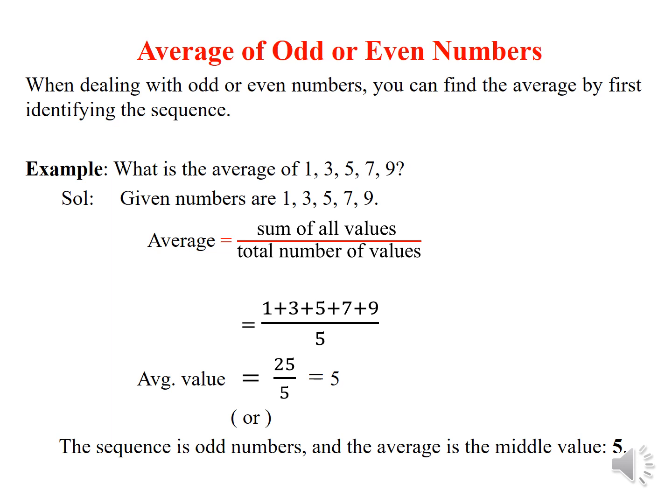Without using the average formula also we can conclude the average of the following numbers, whenever it is an odd sequence, even sequence or consecutive sequence. If it is a consecutive, odd or even sequence, without using the formula we can directly say that the middle number is considered as the average.